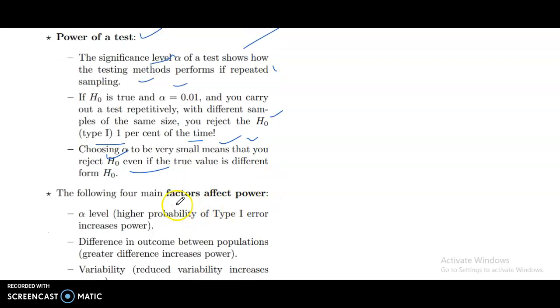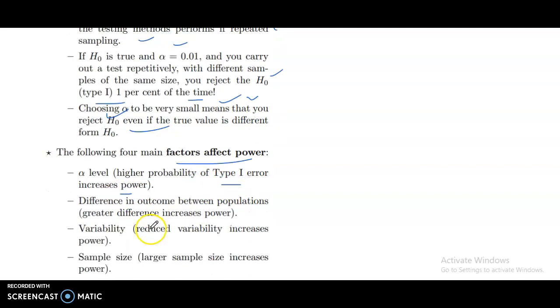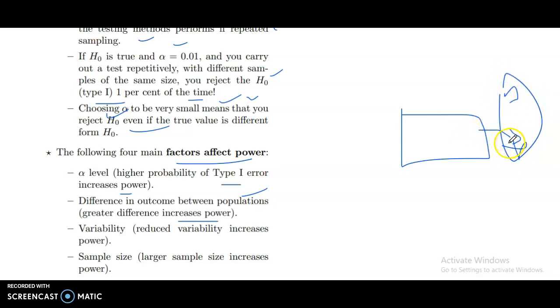The following four main factors affect power. Alpha level: a higher probability of type 1 error increases power. Difference in outcome between populations: a greater difference increases power.